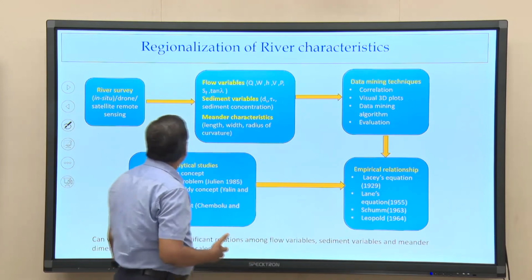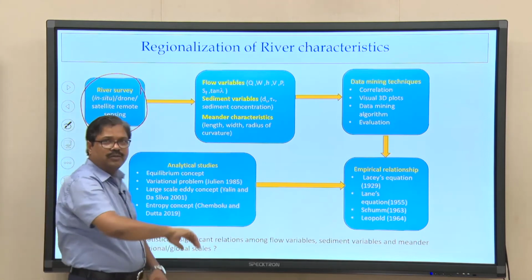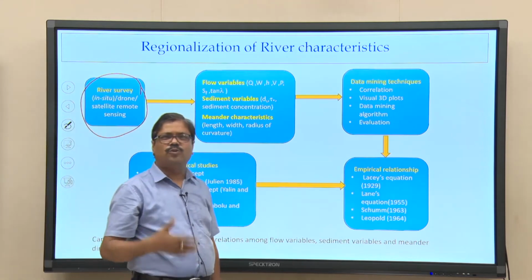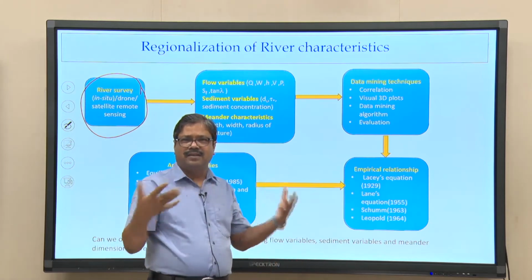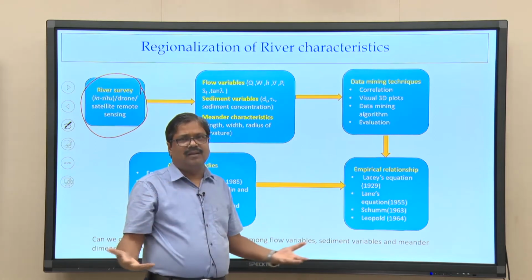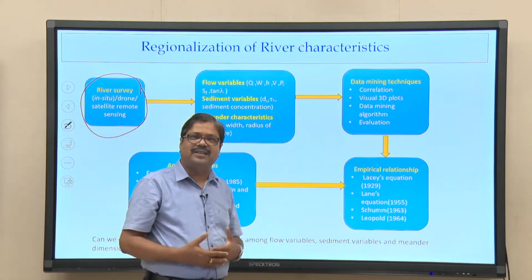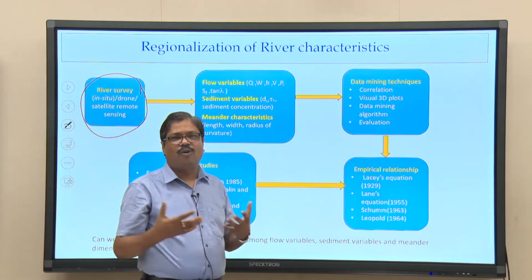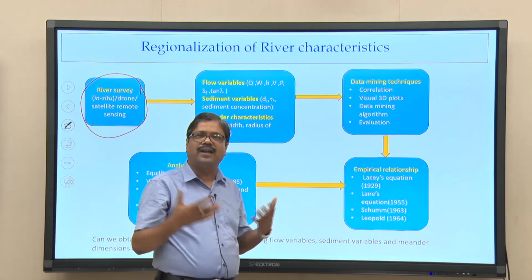We start by doing a river survey. Earlier, one used to go to the field, conduct the river survey, and measure the velocity, depth, width, perimeter, discharge, sometimes the bed shear stress, bed material movement, and the sediment load; the bed load part we can measure.